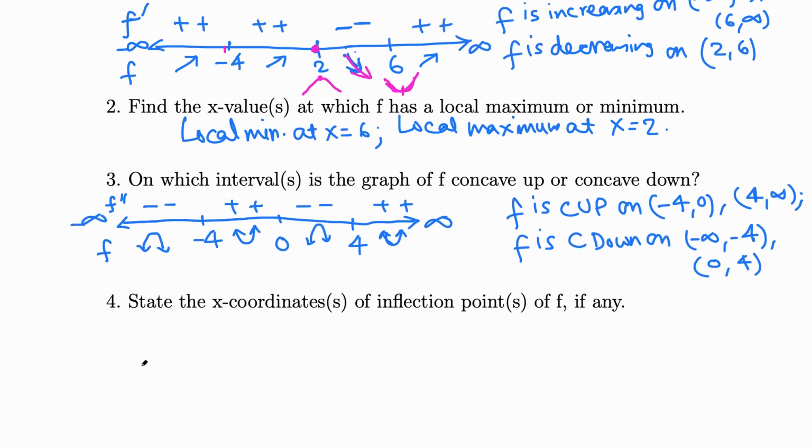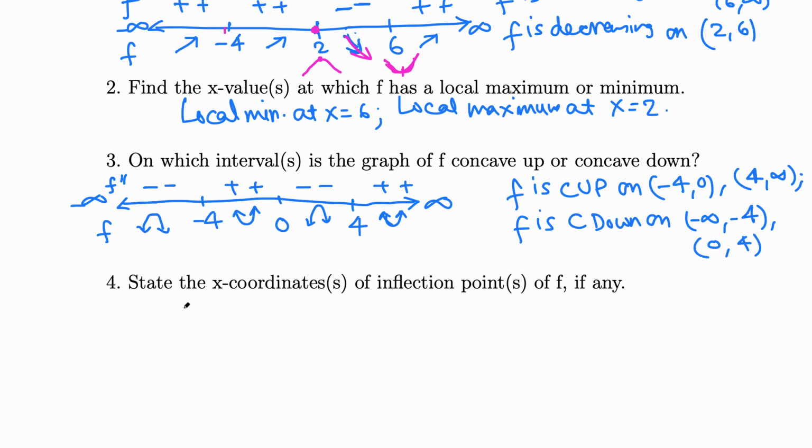In part 4, state the x coordinates of the inflection points. Inflection points, and we only have to give the x coordinate, are where the concavity changes, the curve changing from concave up to concave down and vice versa.